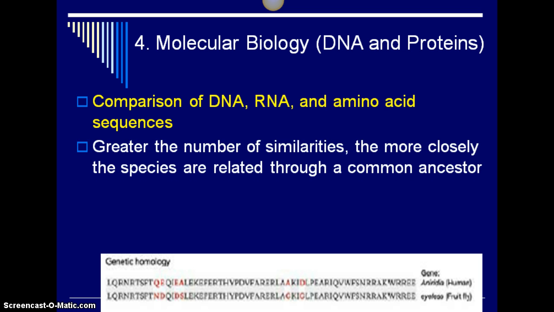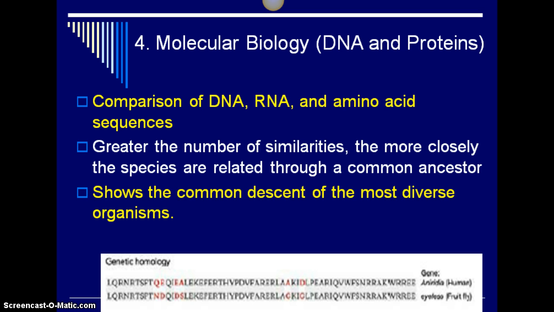So if we have more similarities of that DNA to amino acid sequence, then we would assume that those organisms are more closely related through a common ancestor. And it would show common descent from a common ancestor. If you have fewer amino acid changes or DNA sequence changes, then the idea would be that you're more closely related.